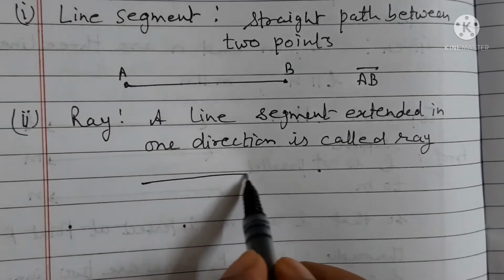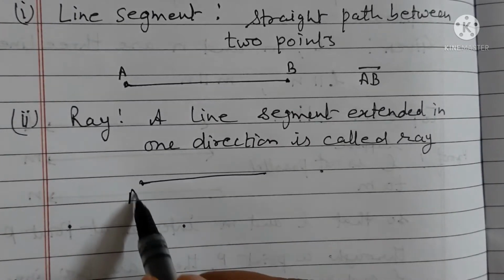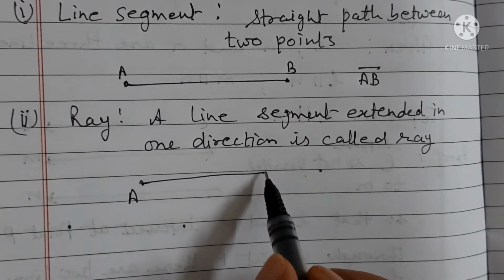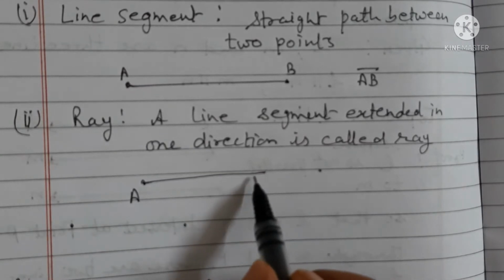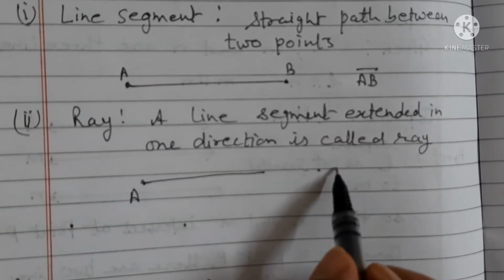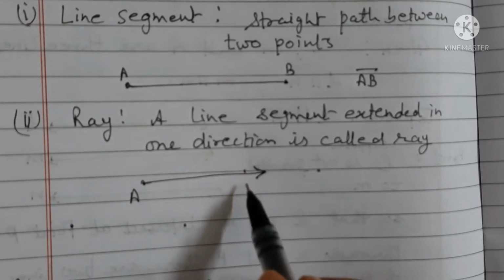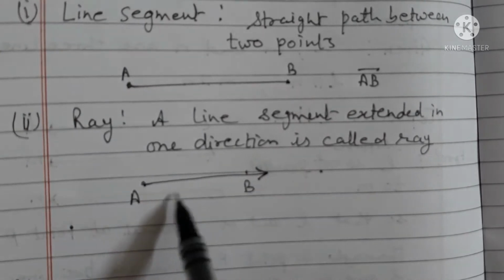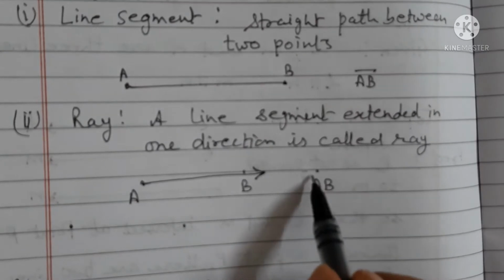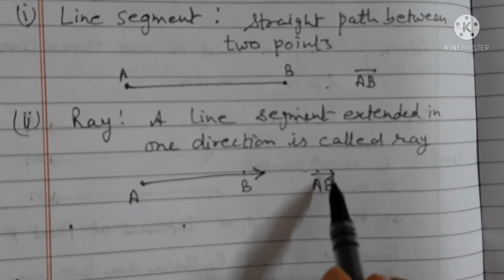Suppose this is the line segment A and B, and when you extend in one direction, mark it with arrow. This is the point B. This is the ray AB. Symbolically it is represented like this.